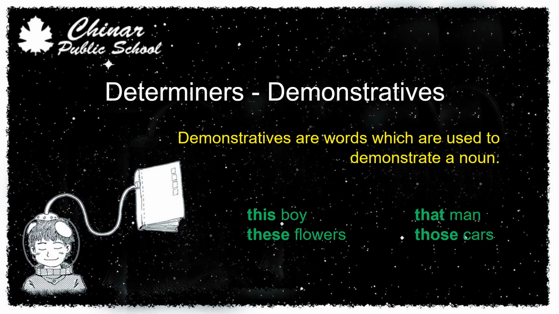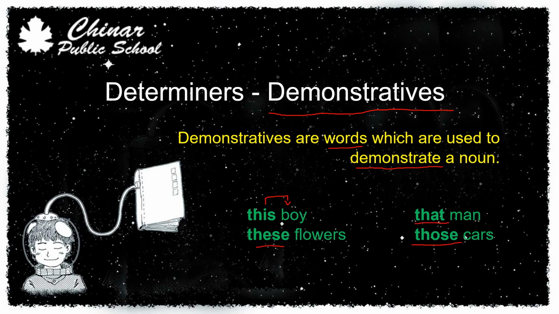Let's move on to the next type of determiners, the demonstratives. Looking at the word and seeing the word, you must have understood that demonstratives are words which are used to demonstrate a noun. That means when we point out at a word and refer it with a word, it is called the demonstrative. Example, this, that, these, those.